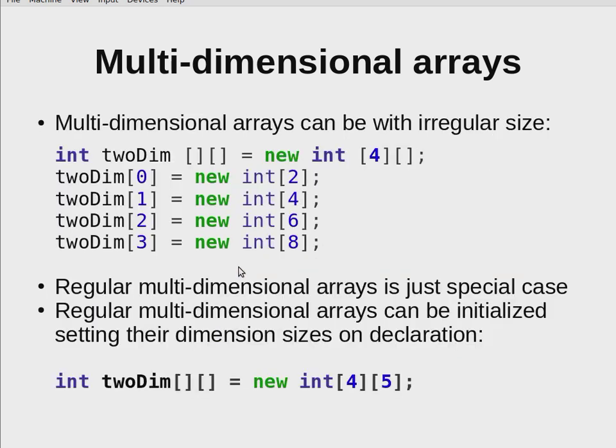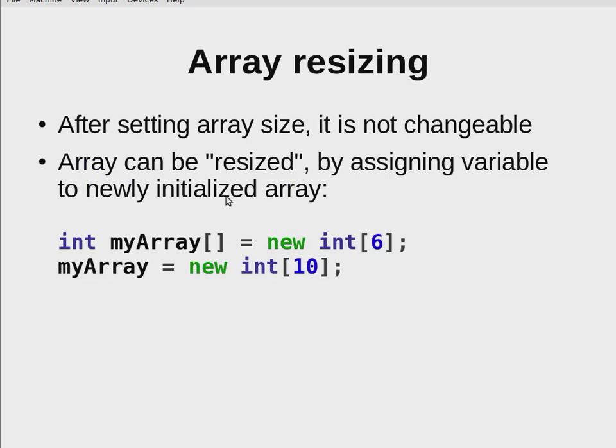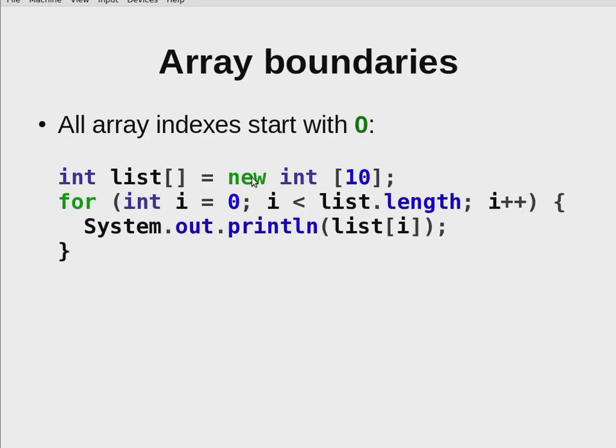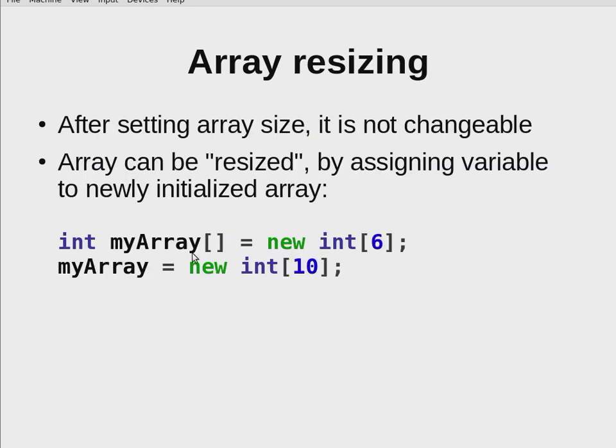We will not cover much of multidimensional arrays, but you should know here. So arrays cannot be resized because the internal structure of arrays is immutable. So if you need a bigger array, you always need to reinitialize it completely. So this means you will create a completely new data structure for this array.